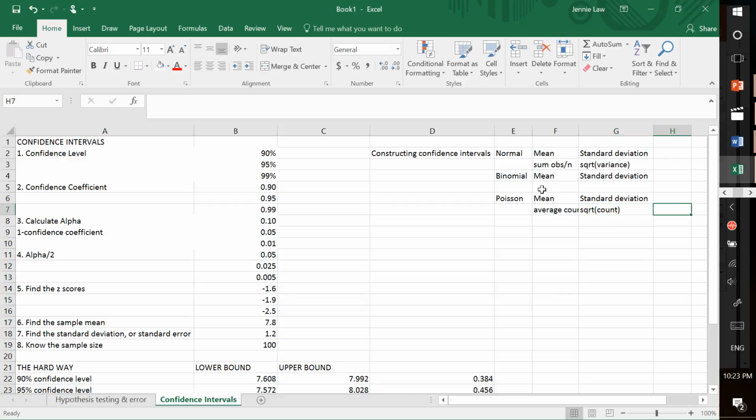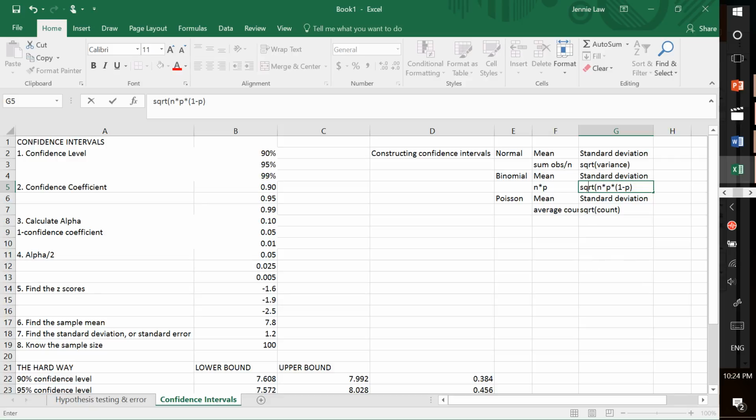Okay, and for binomial, we know that we can get to the mean using the elements of n and p. So we know that the mean is equal to n times p, where n is the number of trials and p is the probability of success, and we know that the standard deviation is the square root of n times p times, and this is a little bit tricky but not really, 1 minus p, which is just the probability of failure.